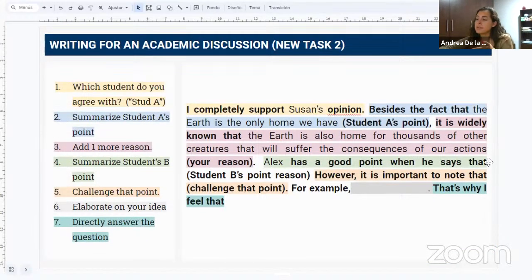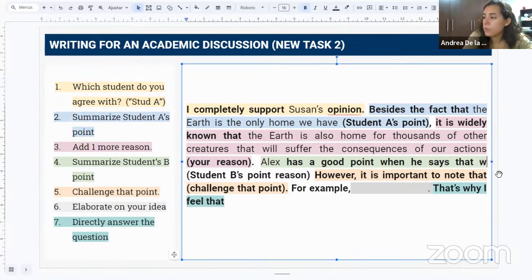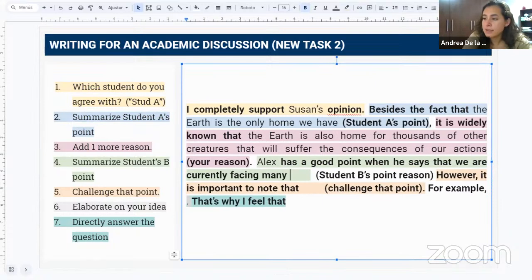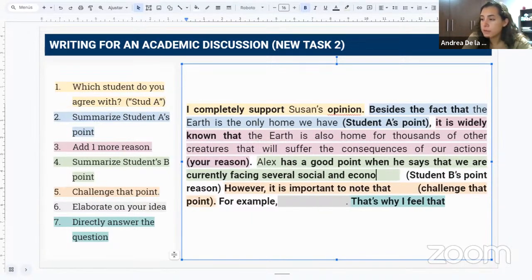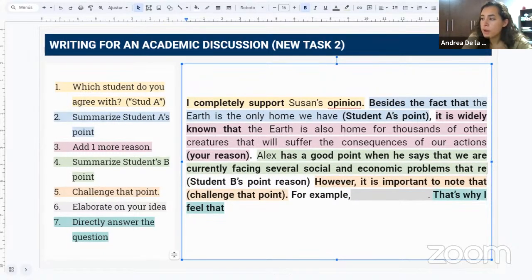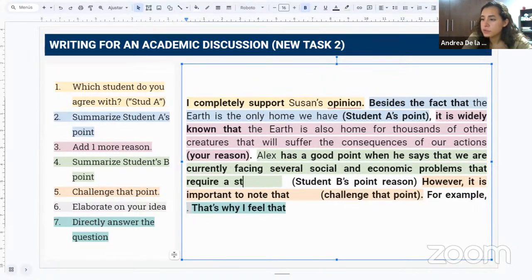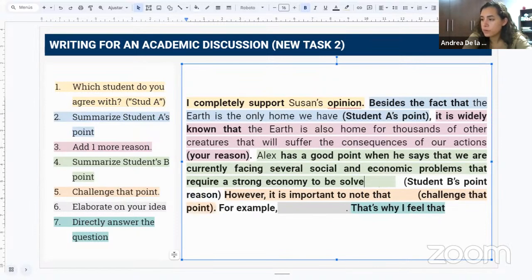Alex has a good point when he says that, and maybe we can say, we are currently facing many or multiple, several social and economic problems that require a strong economy to be solved.